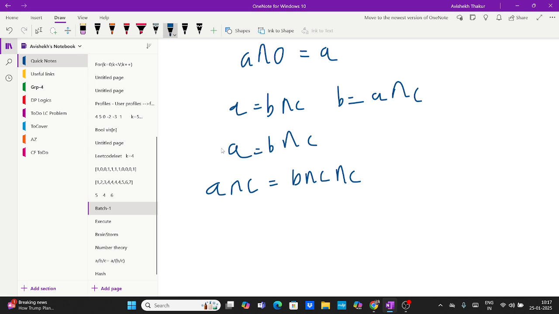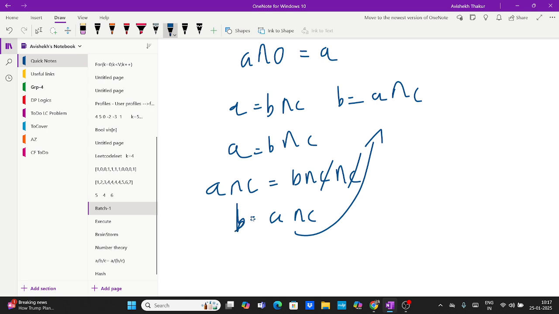I have taken XOR C on both sides. So this will cancel off, correct? So you have B equals A XOR C. So in bitwise XOR, remember you can interchange the positions.